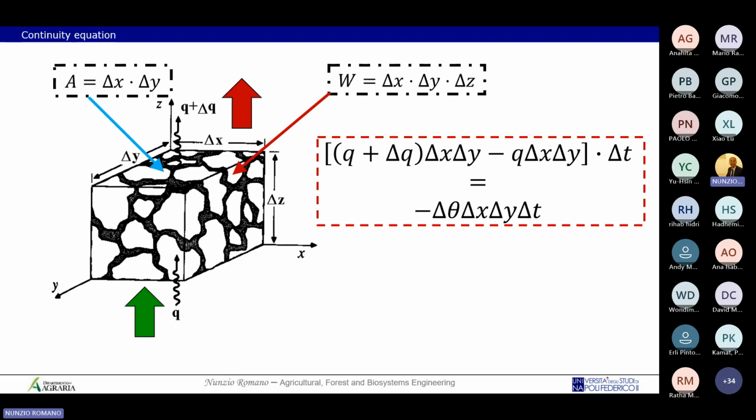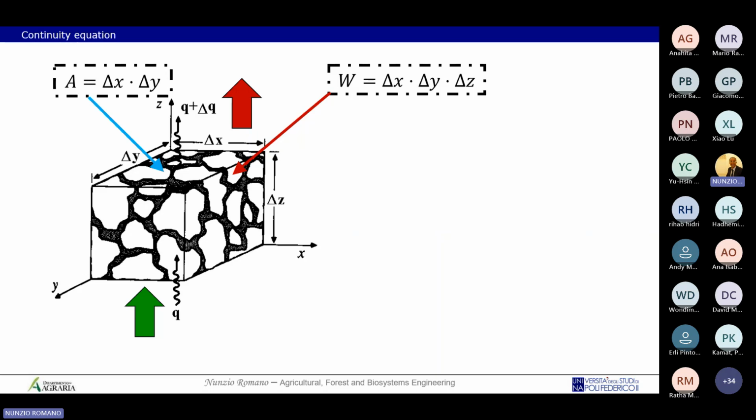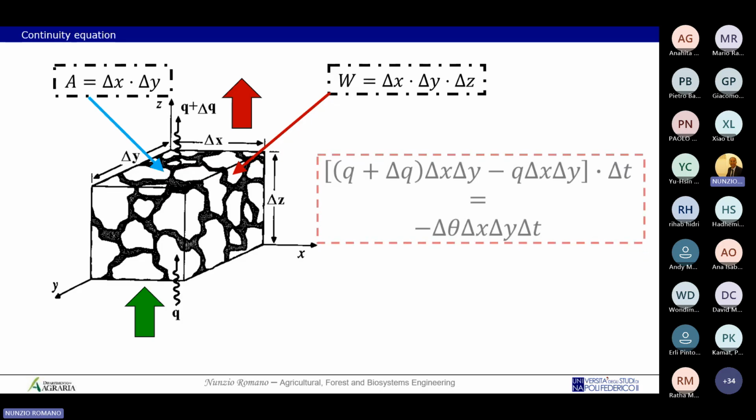So in the animation, we have the green arrow, the water entering in the control volume. Then we have the red arrow, the water exiting. It depends if there is water that remains or does not remain into the control volume.